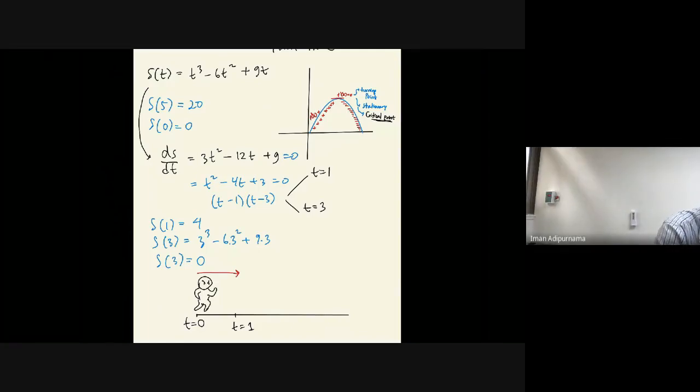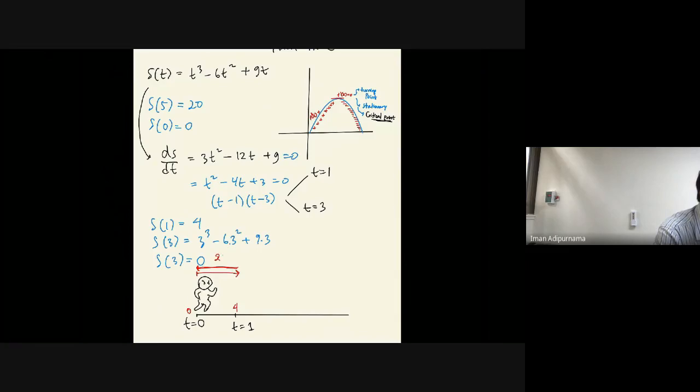Maybe 4 is here, so this is 0, 4. The red is for position, the black one is for time. So t equals 1. And when t equals 3, it's back to the original position. So 4 and 4, right?